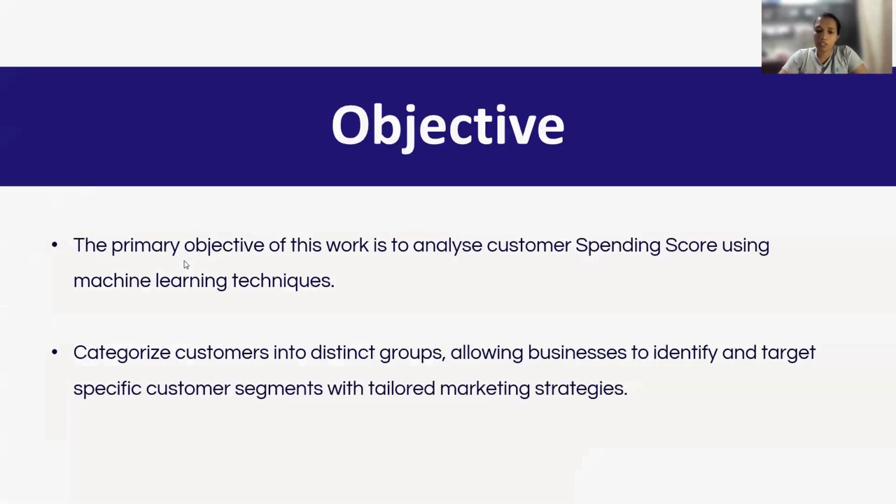Next, about the objective. The primary objective of this work is to analyze customer spending score using machine learning techniques. The other is to categorize customers into distinct groups, allowing businesses to identify and target specific customer segments with tailored marketing strategies.